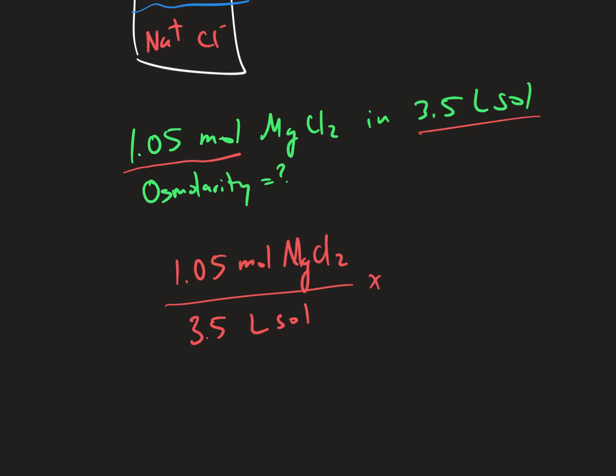Now I have to multiply this by the number of particles dissociated when I throw this magnesium chloride in the water, or in the solution. How many particles am I going to get? 3. Magnesium, we have 1 magnesium ion, right? And 2 chloride ions. Total of 3.